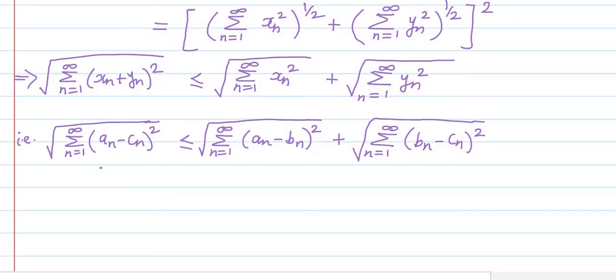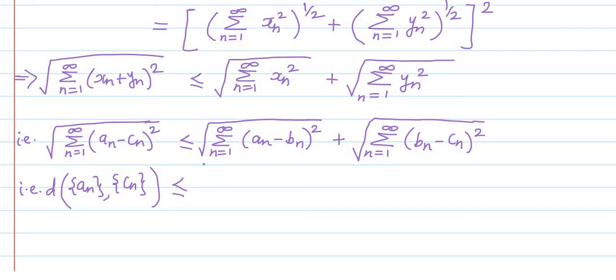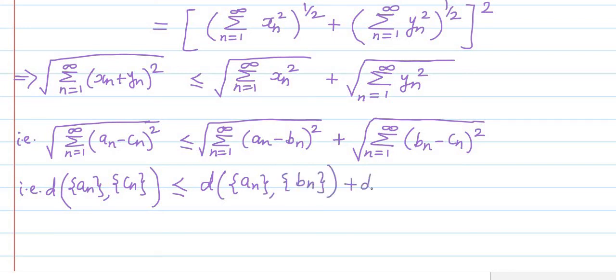By the definition of the d function, the left hand side is nothing but d of sequence an, sequence cn, and it is less than or equal to d of sequence an, sequence bn, plus d of sequence bn, sequence cn.